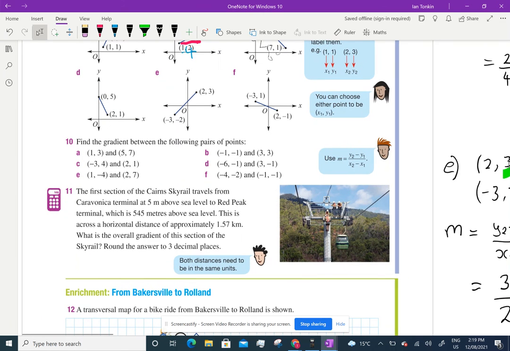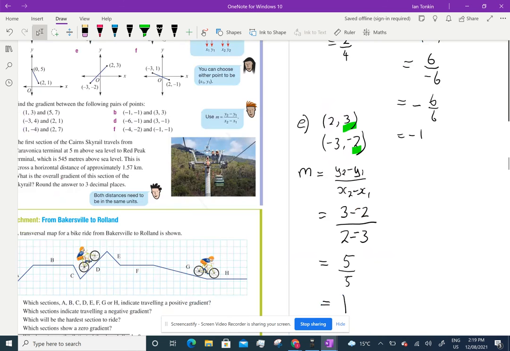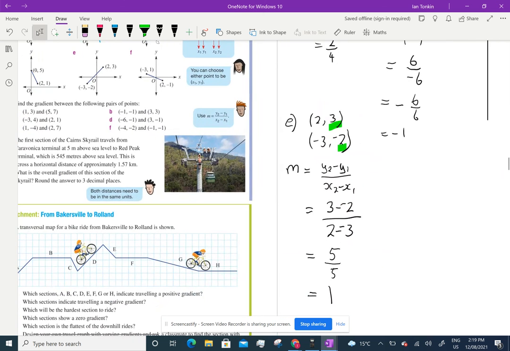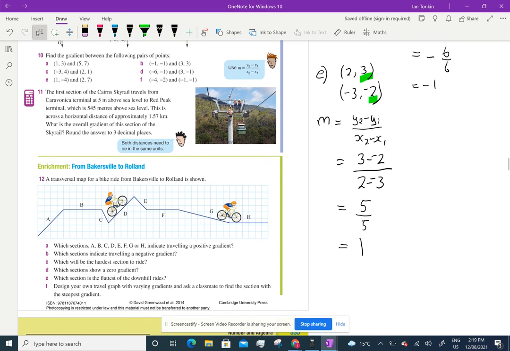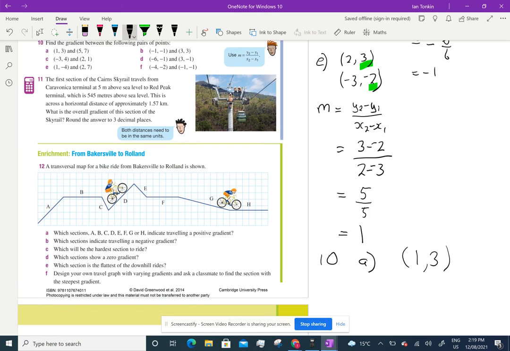If you are brave enough, have a go at question 10. Again, just use the formula. I'm trying to shrink this without going back to the beginning. So here is 10A. I've got 1, 3, and 5, 7. I'm going to write the 5, 7 above.